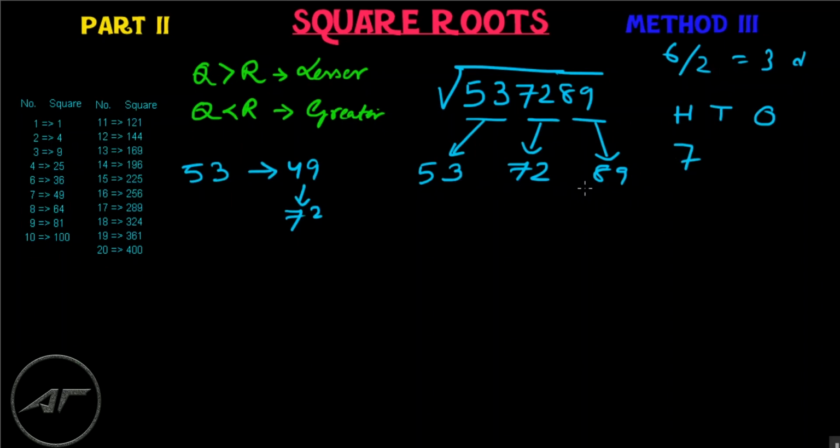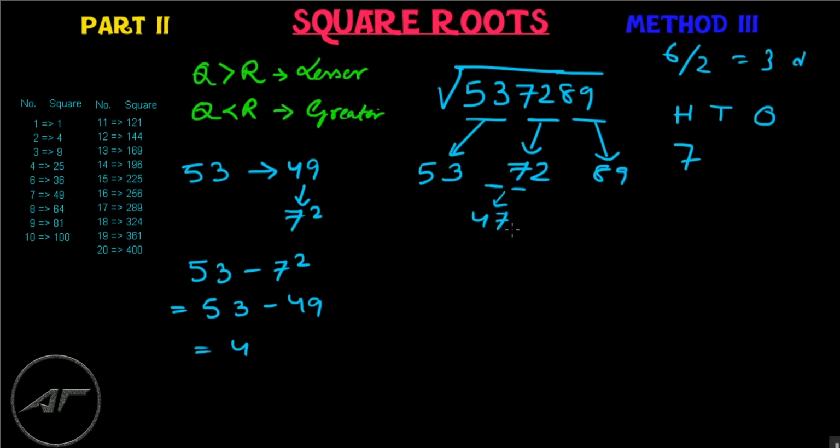We will subtract this from the square of the digit at the hundreds place. So 53 minus 7 square is equal to 53 minus 49, which is going to be 4. We place this digit to the left-hand side of the left-handmost digit of the second pair, and the number that we get is 47.